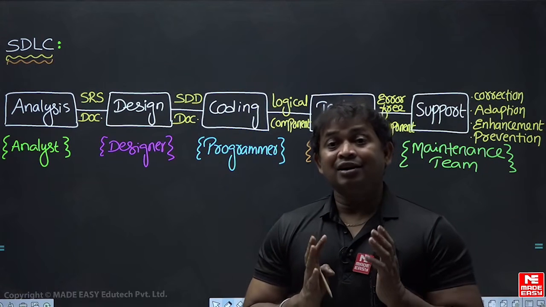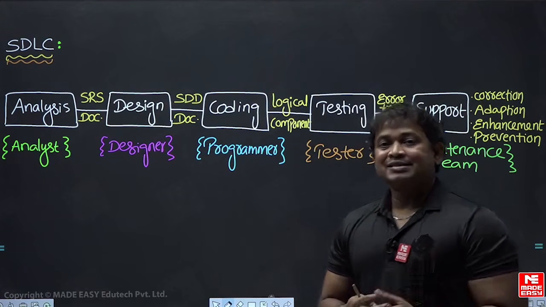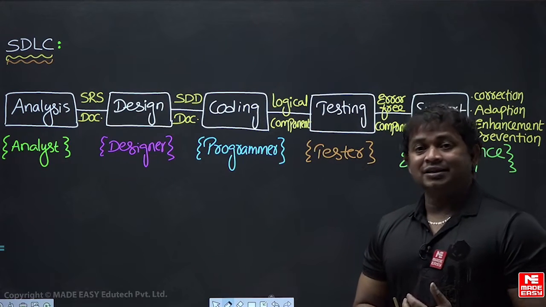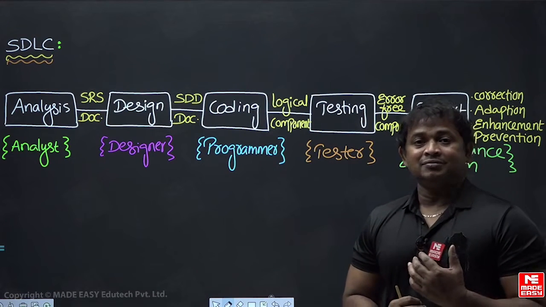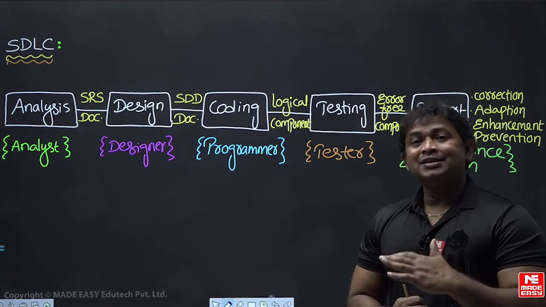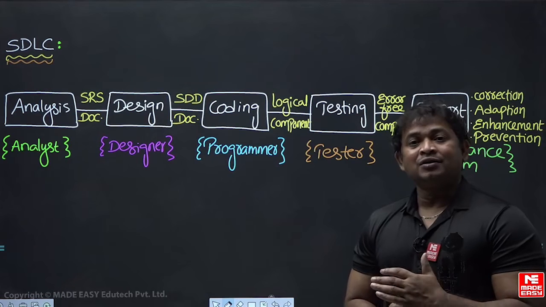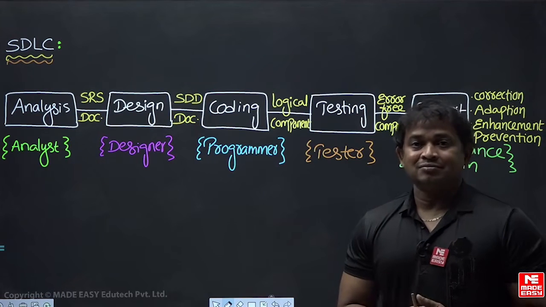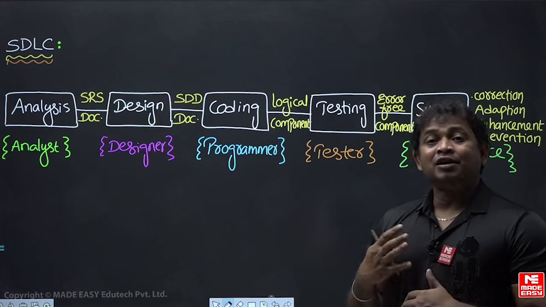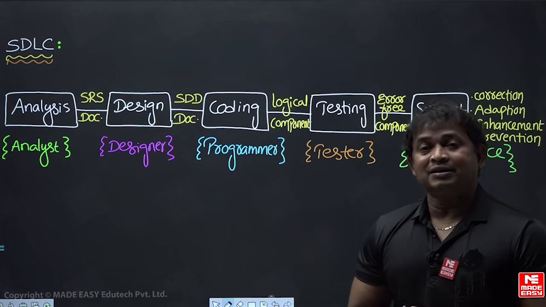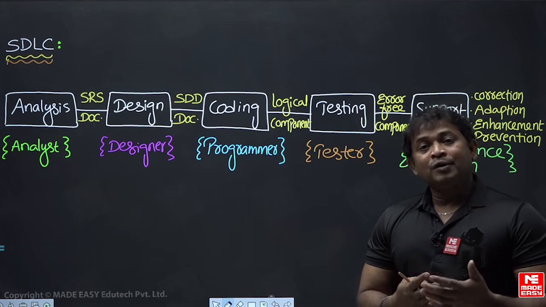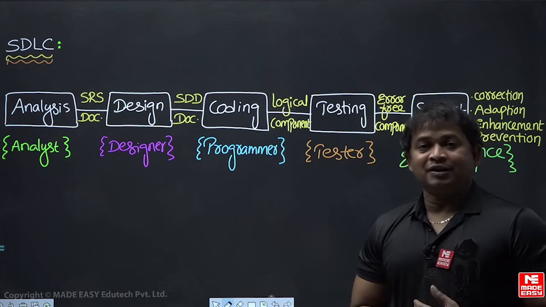That logical component is submitted to the testing stage. In the testing stage, the tester is present. The tester takes the responsibility to test the logical component to cover the errors. After testing, an error-free logical component is present. That error-free logical component is the program or final software.